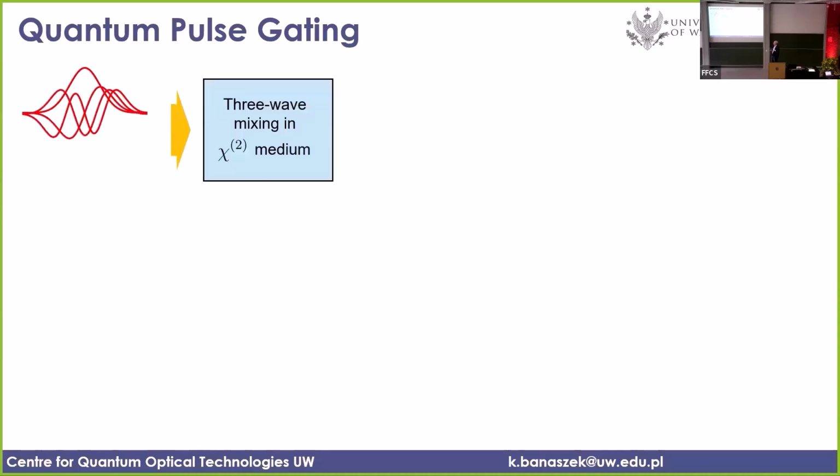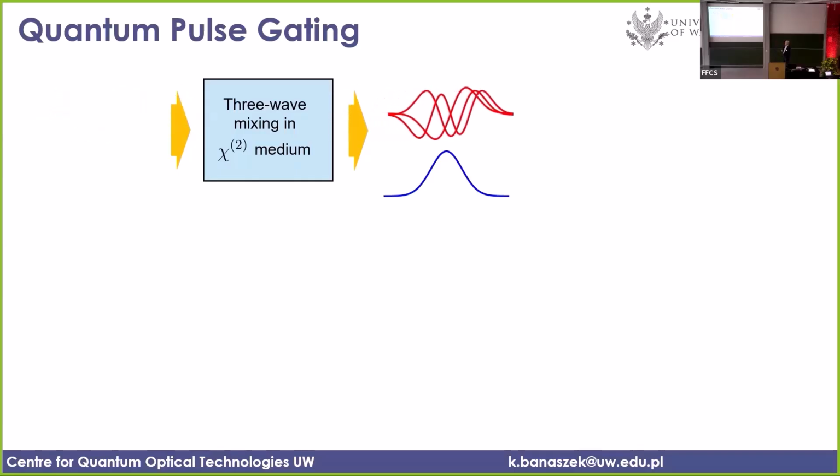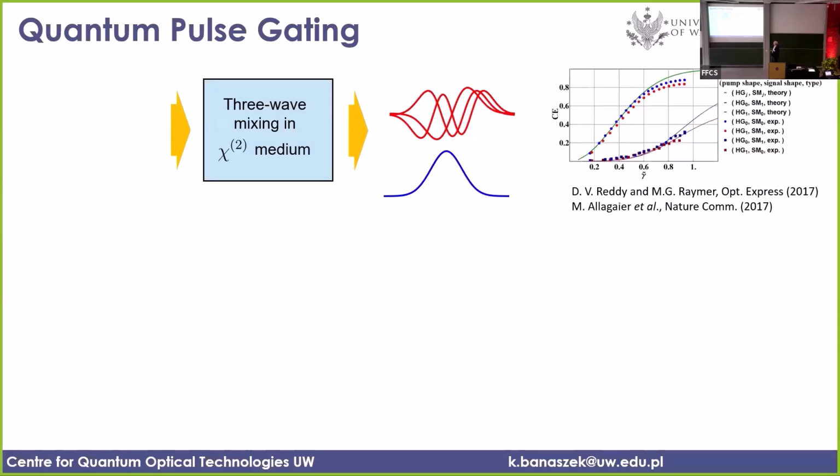But in principle, there is a very beautiful technique that is being developed by the group of Christine Silberhorn not far from here at the University of Paderborn and by Mike Kramer at the University of Oregon, of this mode selective up conversion, which from the point of view of an electrical engineer would mean that we can implement an optical matched filter without optical to electrical signal conversion, okay?